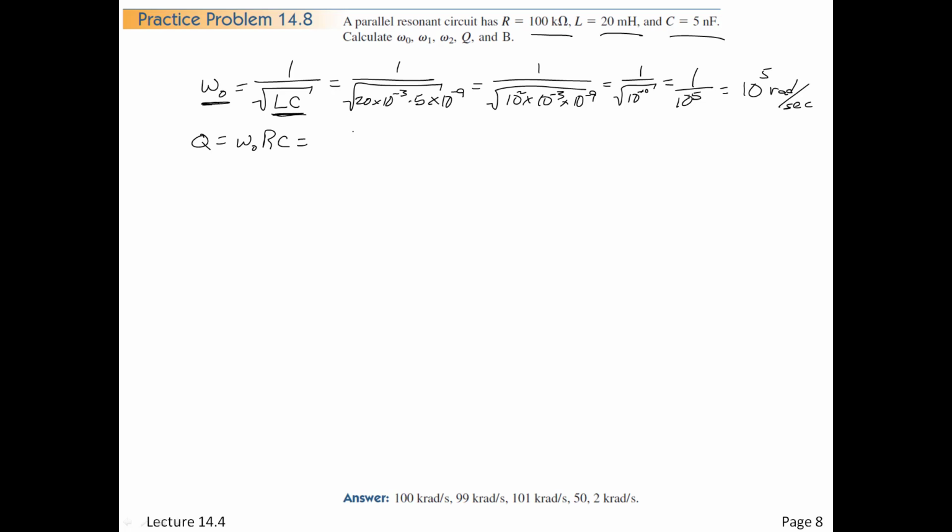So we've got omega 0, which is 10 to the 5th, times R, which is 10 squared, times the capacitance, which is 5 times 10 to the minus ninth. So what have we got here?